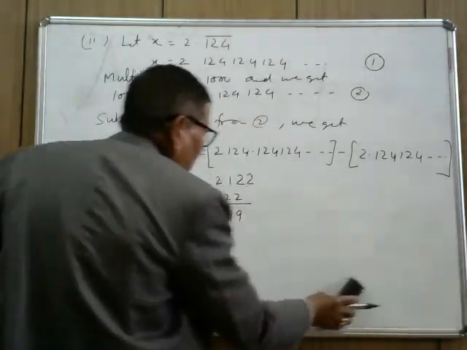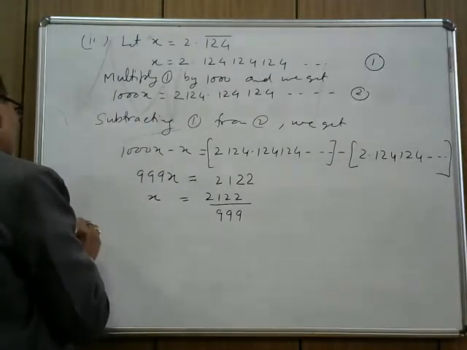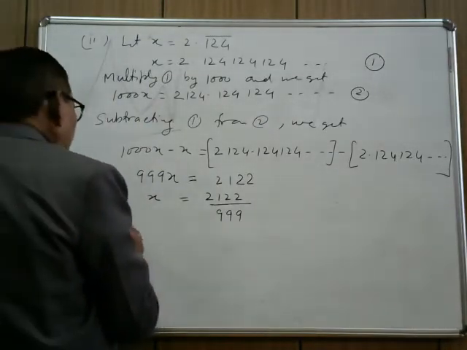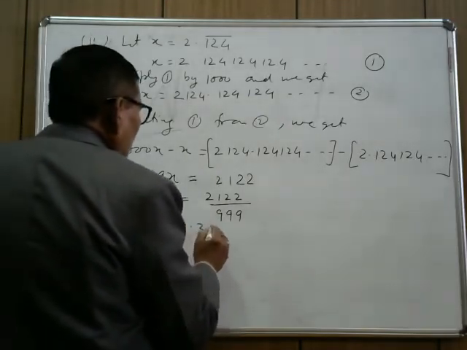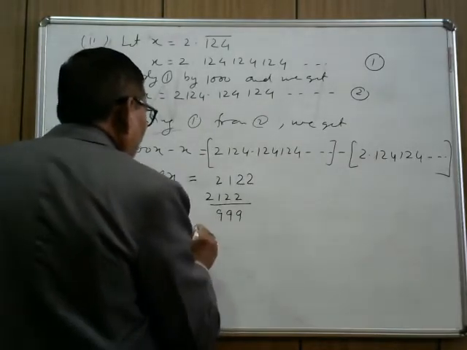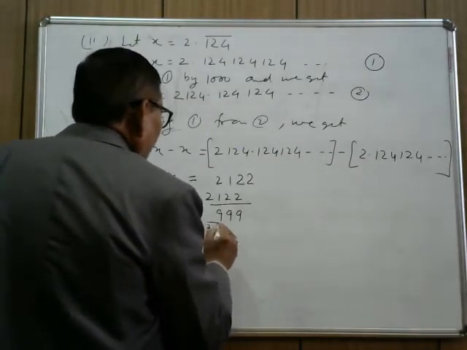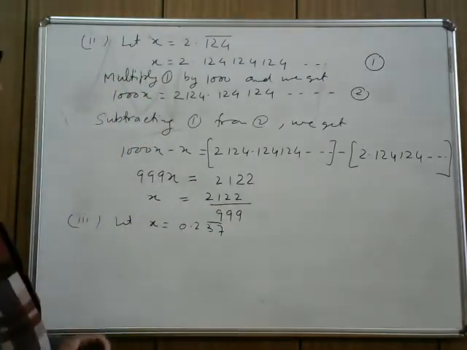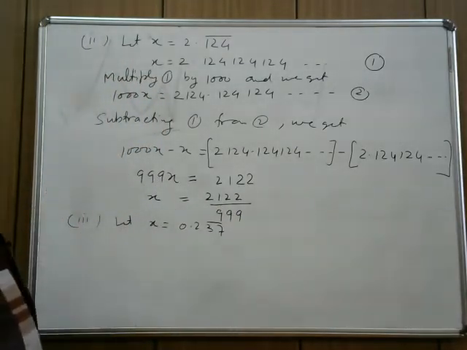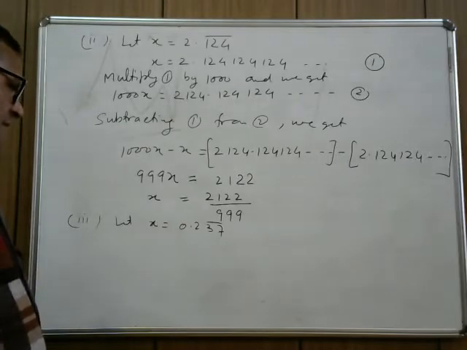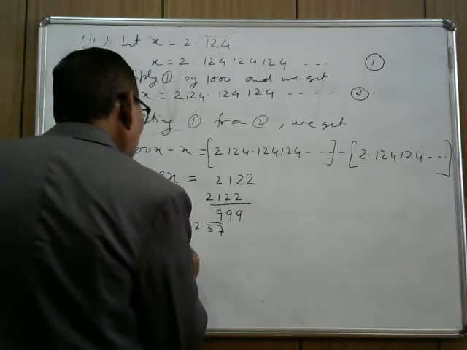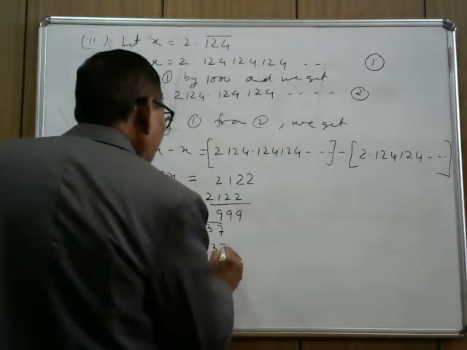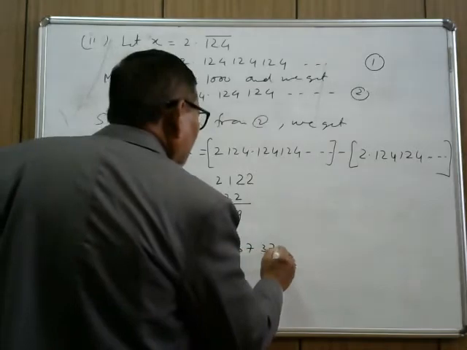Now the third example. Let x be equal to 0.237 bar. Now, very interesting, you must notice that you have at least one digit after the decimal point and that digit is not repeating in this case. So you must be careful. You must write this as x equal to 0.237, 37, 37 and so on.